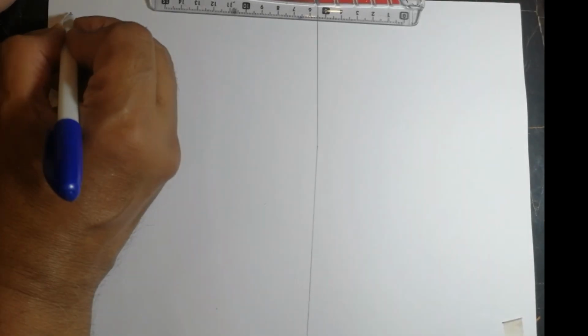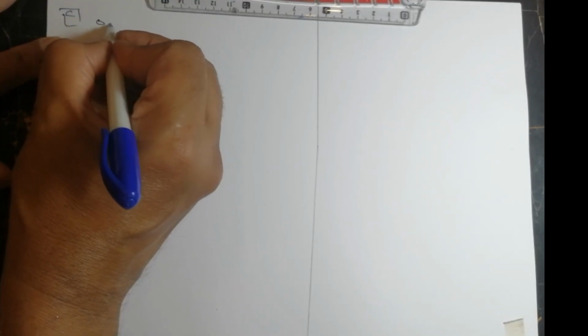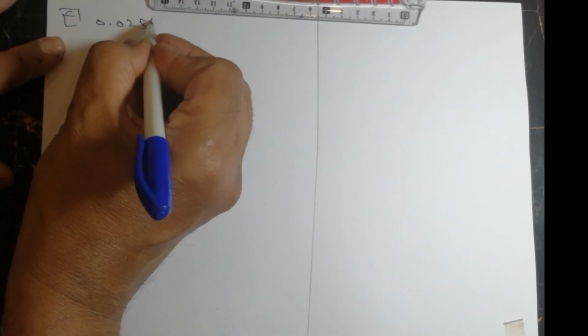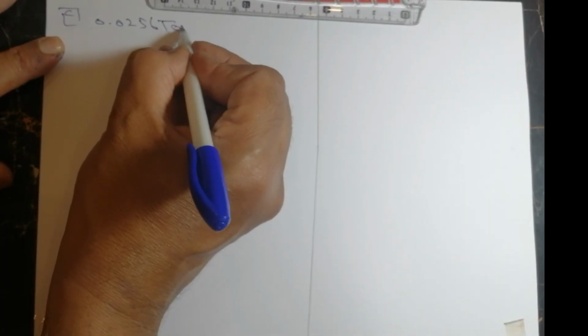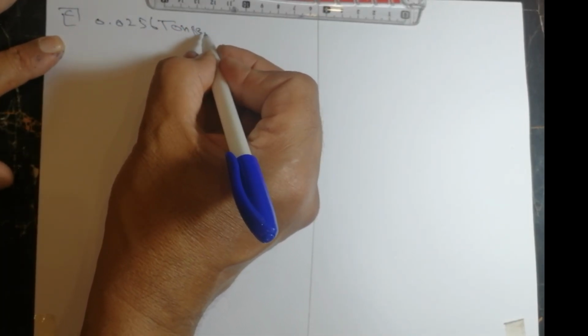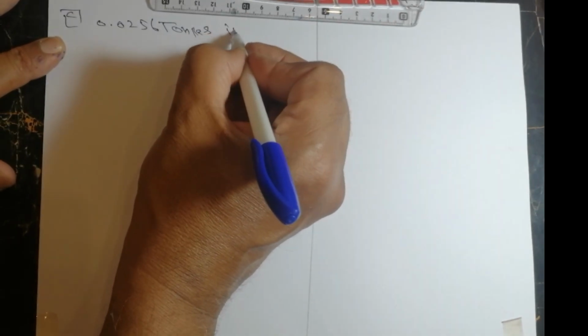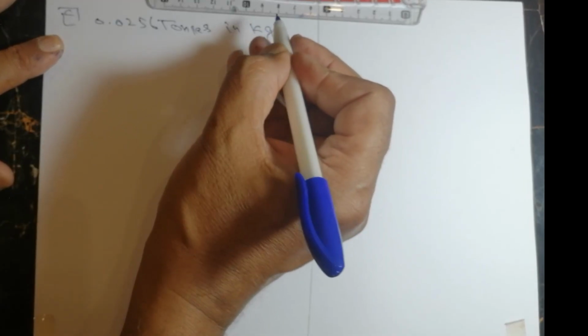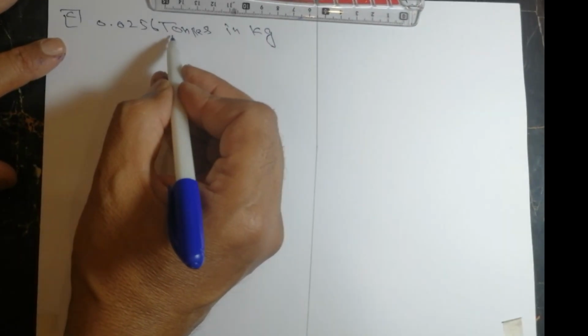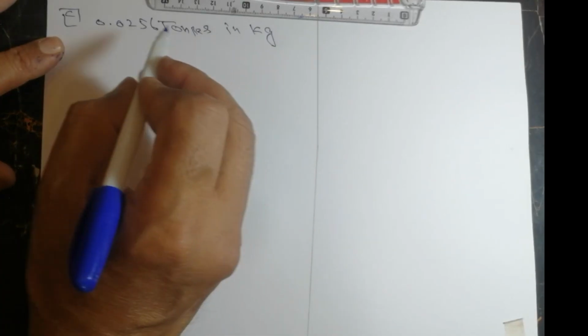So part C is 0.0256 tons in kilograms. This is tons, bigger unit, so bigger to smaller unit.